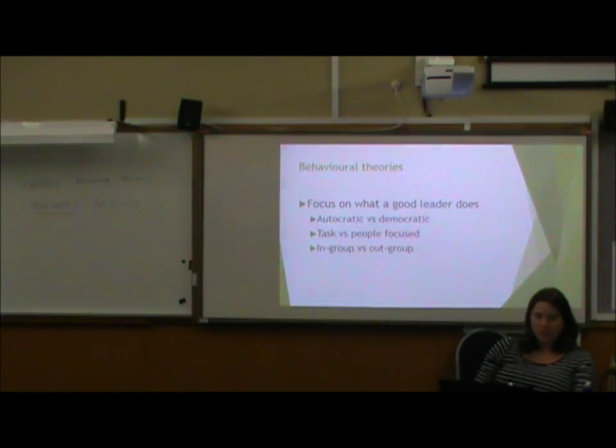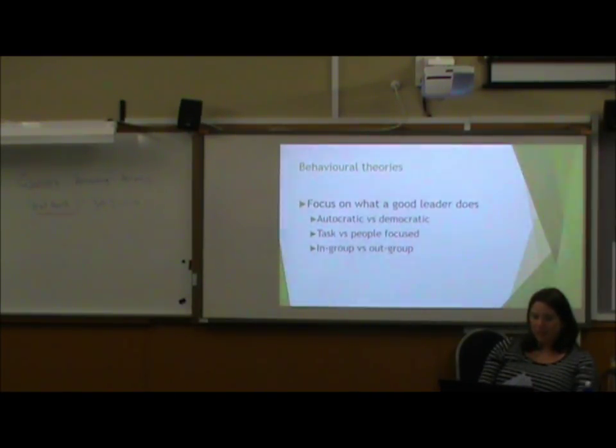Yeah. So they were really focusing on this, page 42. University of Iowa, Kurt Lewin, research included children and they were looking at them instructed either in an autocratic or a democratic kind of way. And the expectation was that people would be more likely to follow a leader who was more democratic.